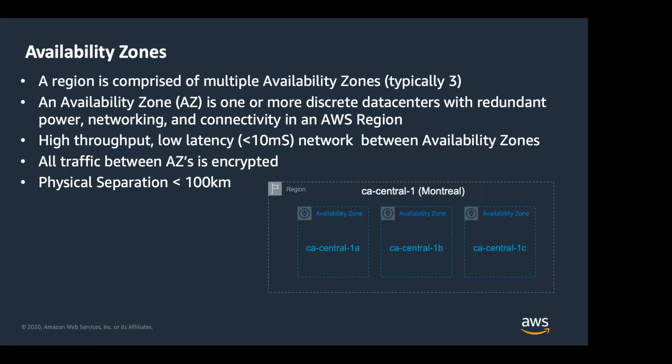Now, one of the key concepts is the latency between these availability zones. Even though they are on different fault planes, they are still close enough that the latency between any two availability zones is always single-digit millisecond latency. That gives our customers the ability to create synchronous replication across these availability zones.